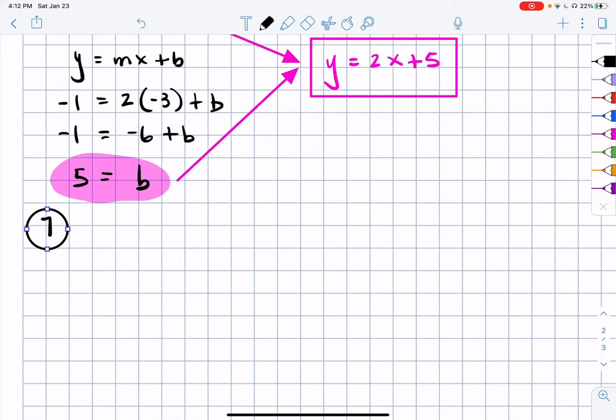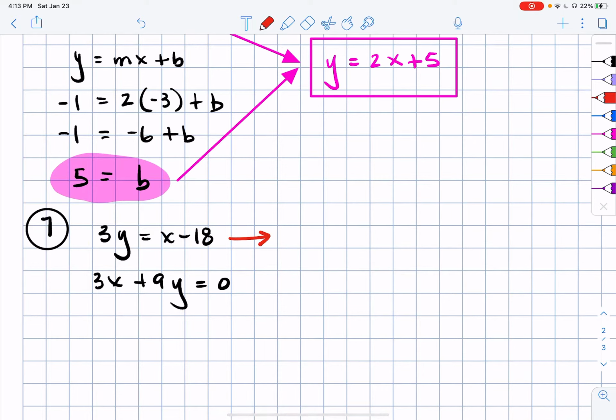Using substitution. So I got 3y is equal to x minus 18, and I got 3x plus 9y equals 0. All right, so what I'm going to do here is take this equation and get x by itself.